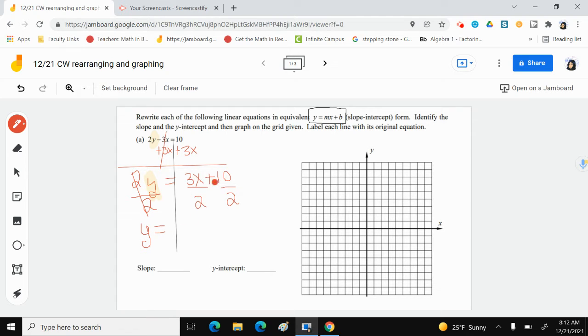I'm going to leave my slope as a fraction because that's how we want to deal with our slope. That's how it's going to be easiest for us to plot our graph. So I'm going to leave this as 3x over 2, or 3/2 x. And then I can simplify the y-intercept. I don't want a fraction for my starting point. 10 divided by 2 is 5.